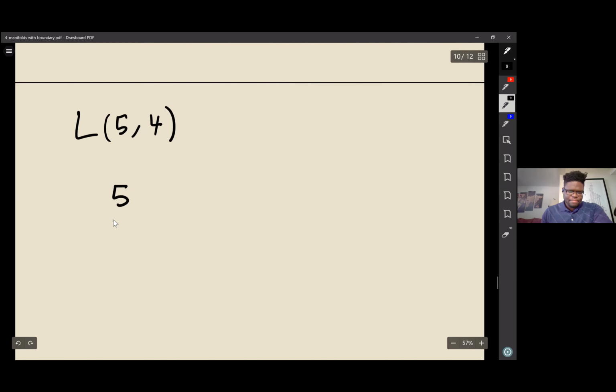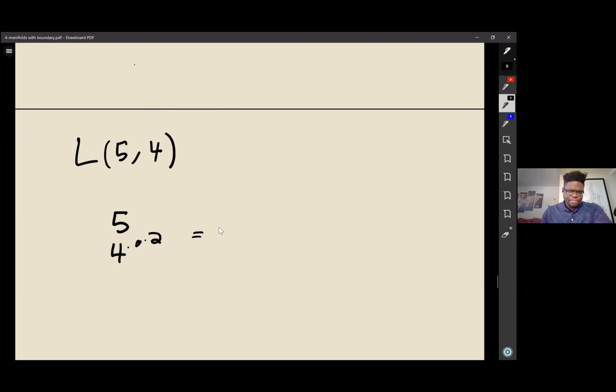I'm going to do something that's going to look a little strange here. Ultimately this is like the reverse of the Euclidean division algorithm. I need to multiply 4 by 2 to get a number bigger than 5. I get 8. 8 minus 5 equals 3.